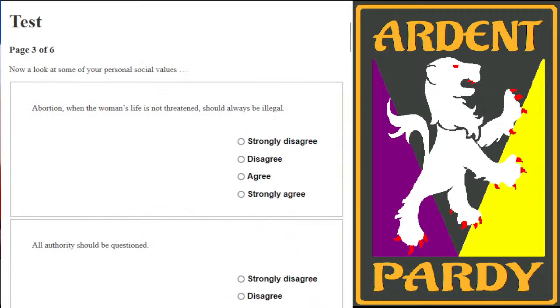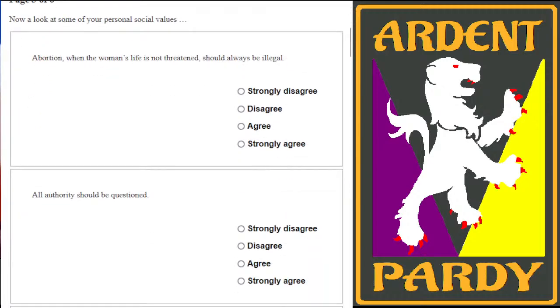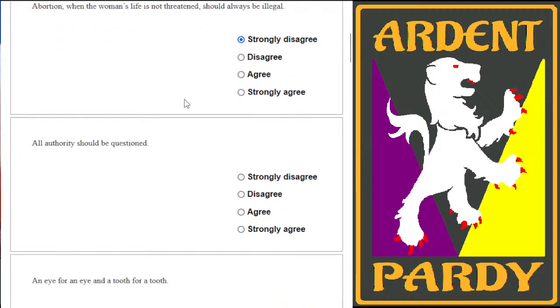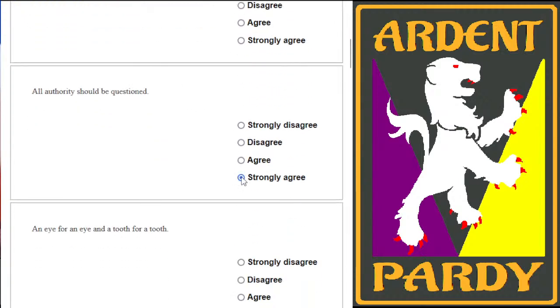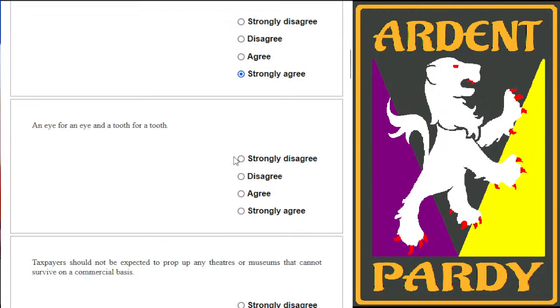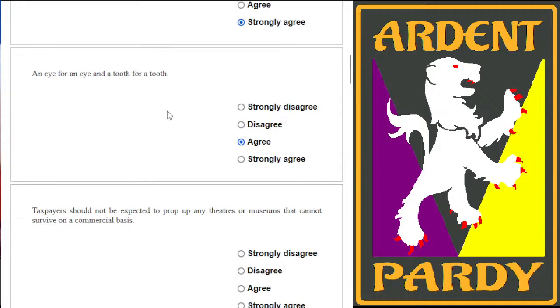Personal social values. Abortion, when the woman's life is not threatened, should always be illegal. I strongly disagree, because that's a very blanket statement, and there are some exceptions. All authority should be questioned. Absolutely. An eye for an eye and a tooth for a tooth. I agree lightly, because too much retribution just leads to vendetta and feud and bogs down in uselessness.